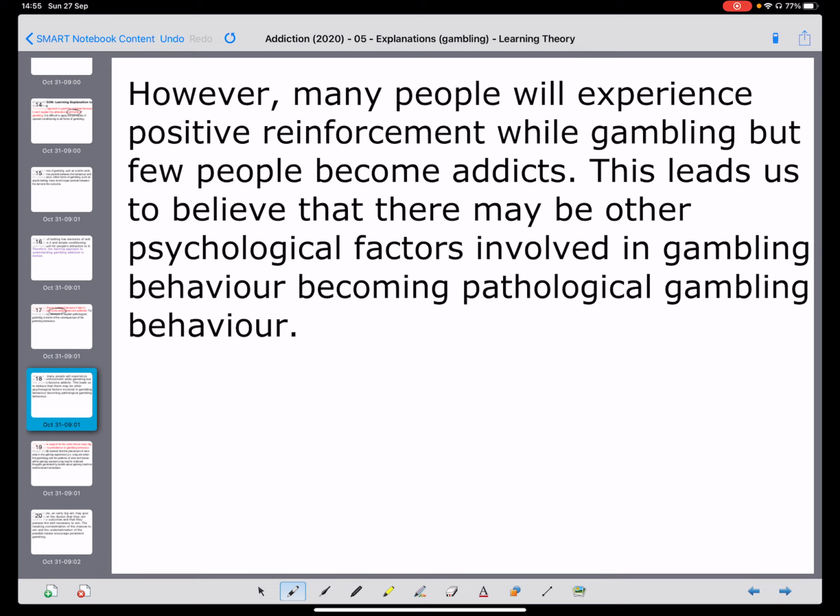If this is the case, then learning theory has to be questioned, because learning theory says that if you have positive reinforcement, then you should go on to develop this further, a behavior that you want to repeat.